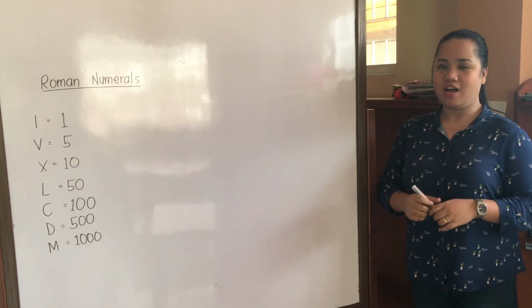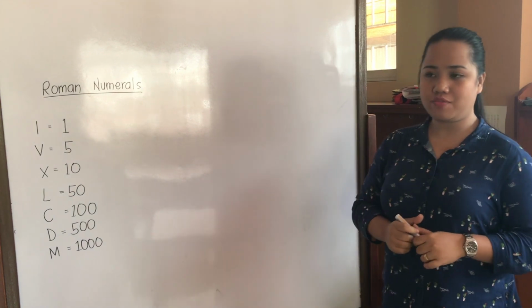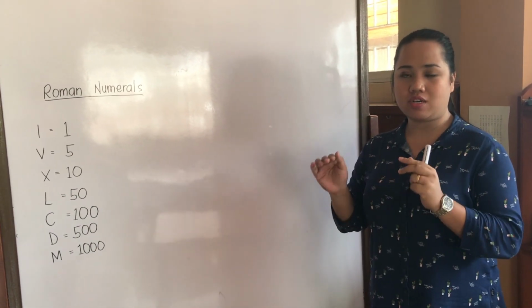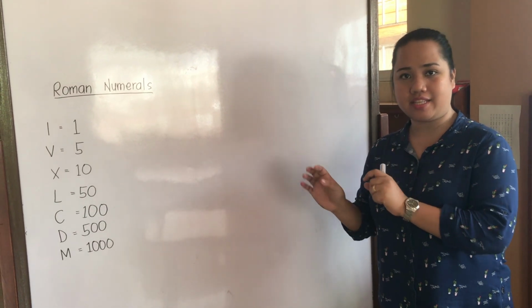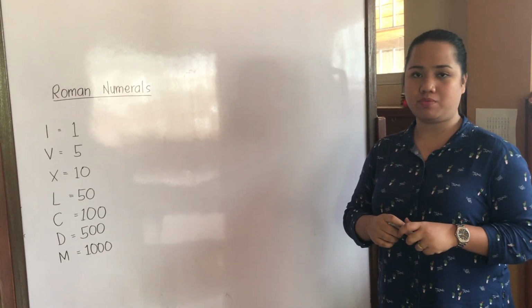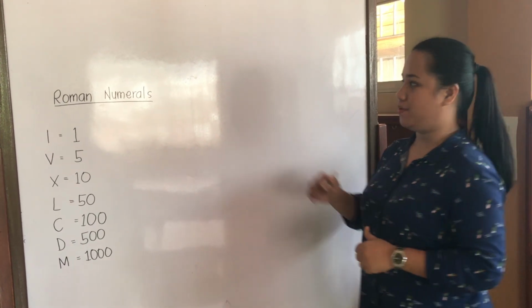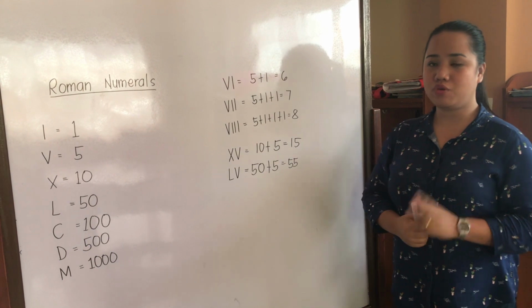Okay, as for the second rule, for the Roman numerals, if you put a smaller value next to the right side of the bigger value of Roman numeral, it means you have to put them together or add. Let's have an example. Here's the example of rule number 2.